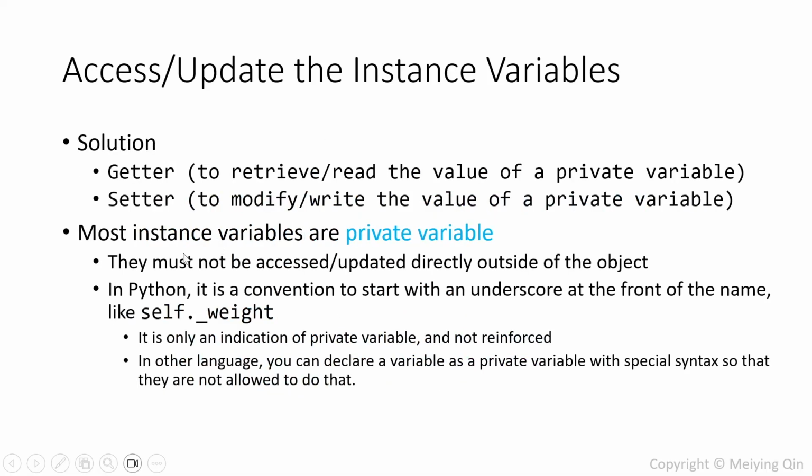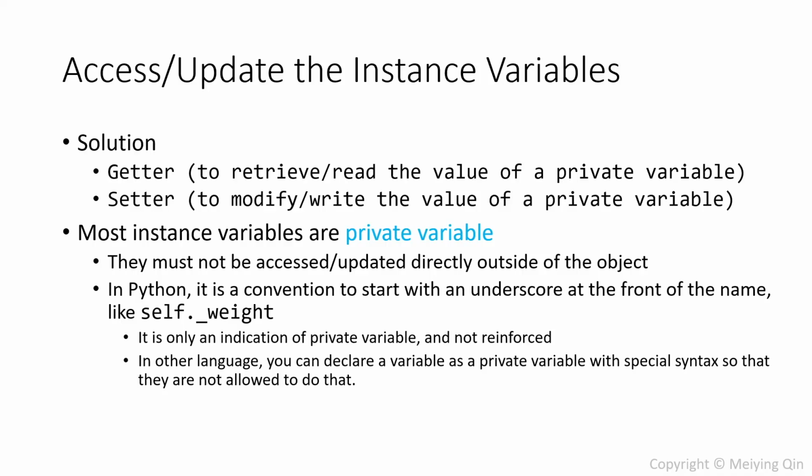In Python, because it doesn't show you any error for that, we have to use getter and setter. In other languages, for example Java or C++, this problem doesn't exist because you can enforce privacy using the private keyword. But you don't have that here in Python.